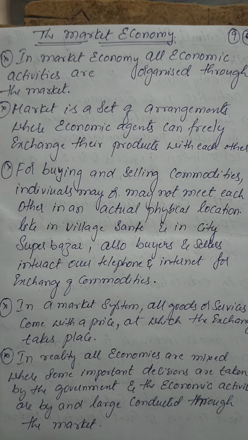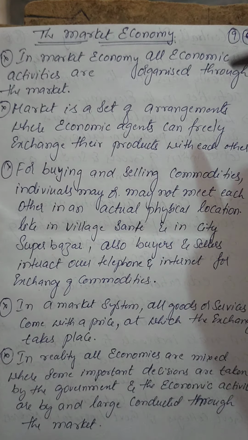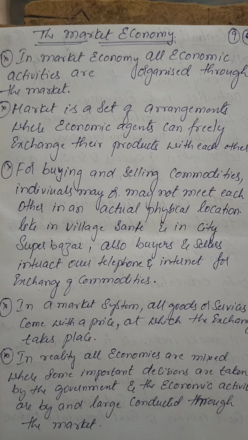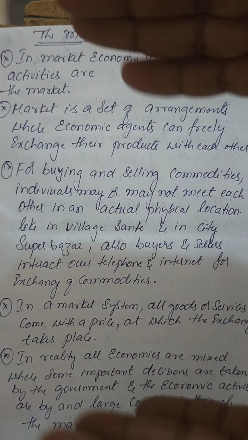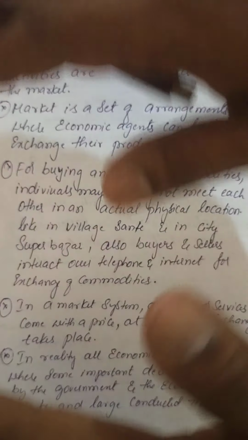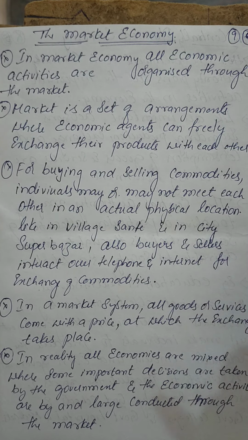Buyers and sellers are the economic agents. The market creates that platform and makes the arrangements for buying and selling the products. Both parties are joined in one single arrangement made by the market. That is the second point about the market economy.